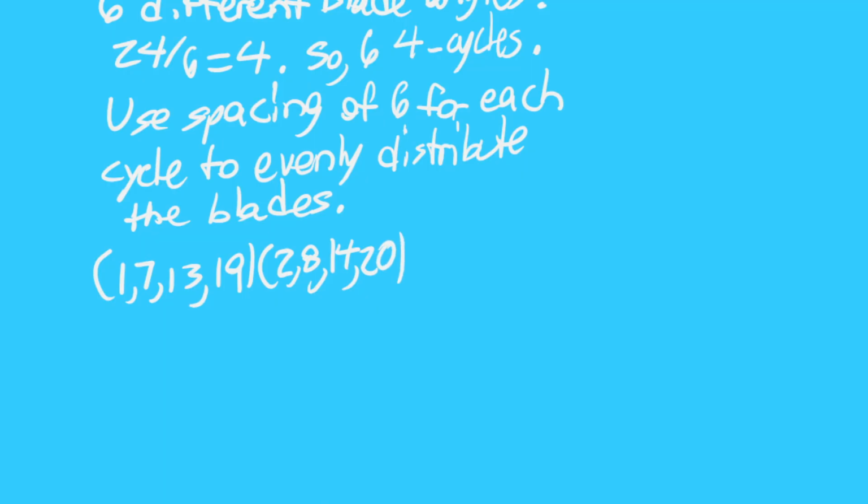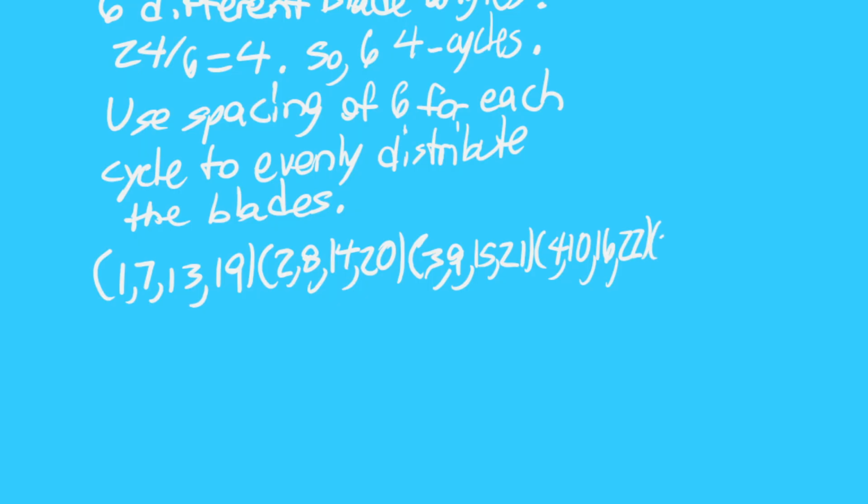And the reason I'm using the commas is because we're using double-digit numbers, because if we don't use the commas, it can get kind of confusing seeing the numbers jumbled together to know which one is a single-digit number and which one's a double-digit. And then we have 3, 9, 15, 21. And then we have 4, 10, 16, 22.